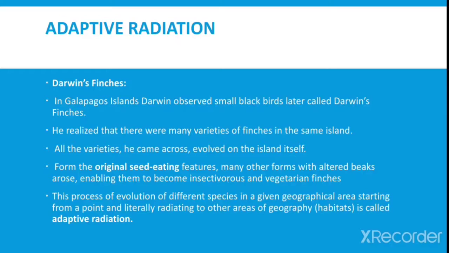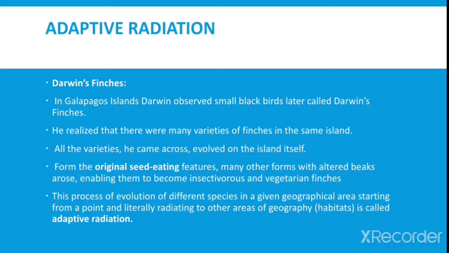He realized that there were many varieties of finches in the same island. All the varieties he came across evolved on the island itself. From the original seed-eating features, many other forms with altered beaks arose, enabling them to become insectivorous and vegetarian finches.